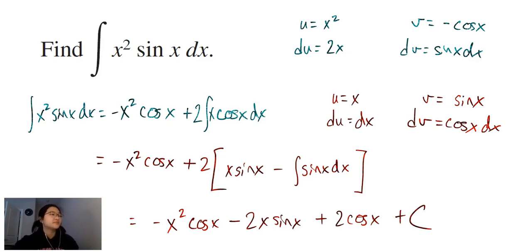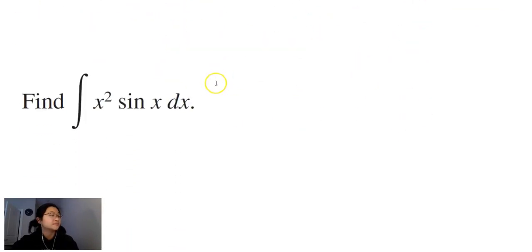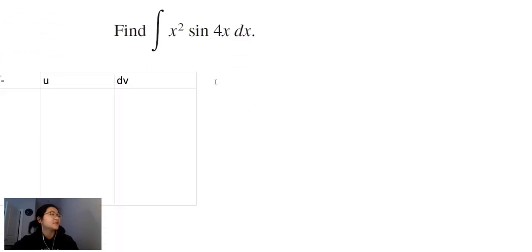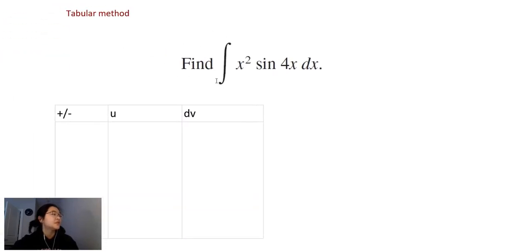Alright, so you might have to do integration by parts a couple times, or more times. Alright, so suppose you didn't feel like doing all of that. You could organize your thoughts in a table.